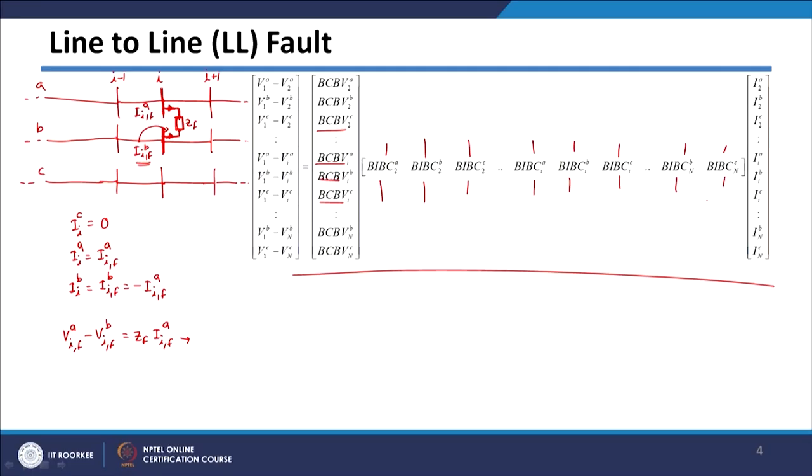Since during the fault condition only these two currents are very large as compared to all the load currents on all the other buses, all other currents are negligible, so we are considering them equal to 0. All these currents will be equal to 0 except these two currents. This current will be equal to the fault current in phase A, and this other current is opposite of that, that is why it is the fault current in phase A but in the opposite direction, hence the minus sign is there.